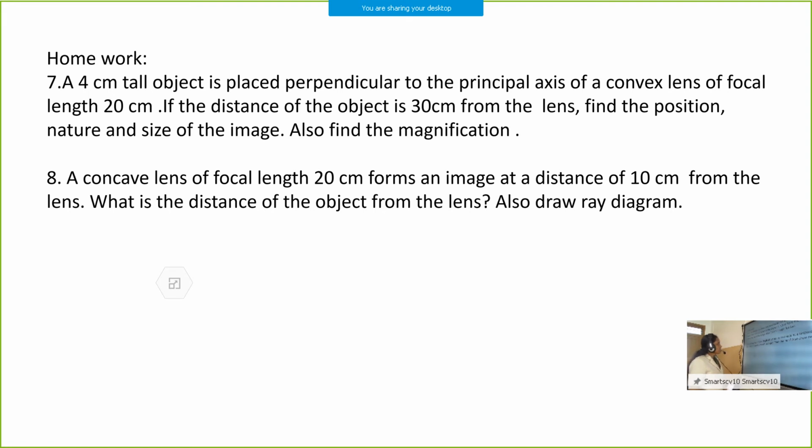Next question. A concave lens of focal length 20 centimeter forms an image at a distance of 10 centimeter from the lens.